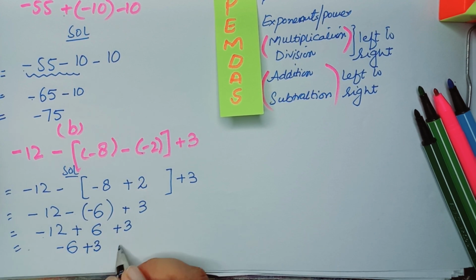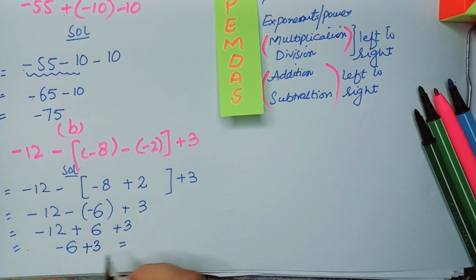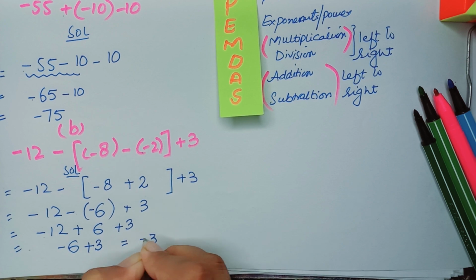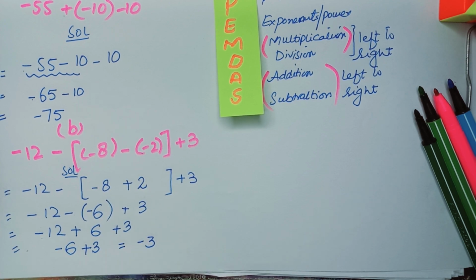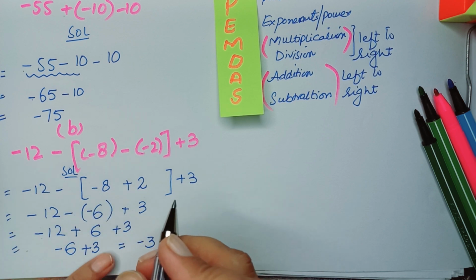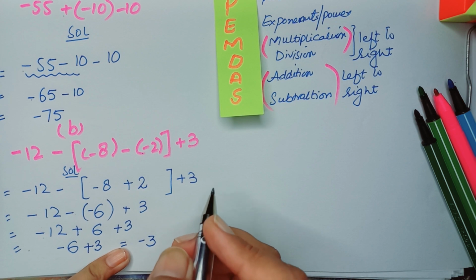Now minus plus would be minus. So when you are subtracting 3 from 6, you will get 3 and the sign is of the bigger term. Dear student, in addition or subtraction, don't forget to apply the sign of the bigger term.